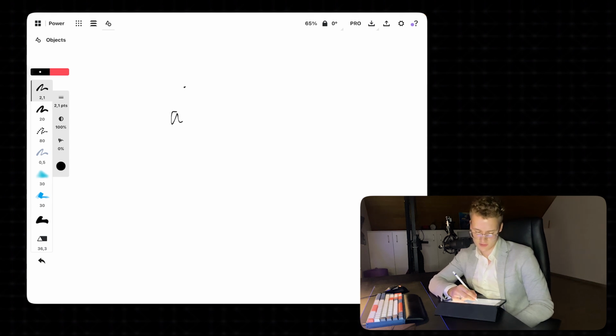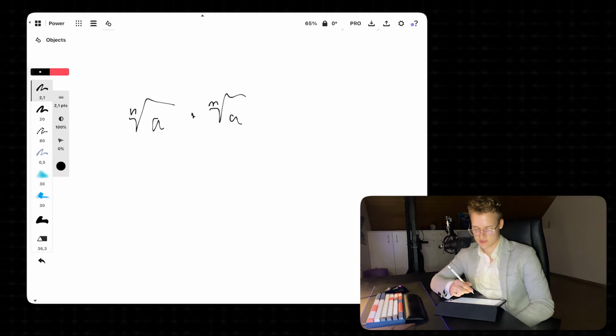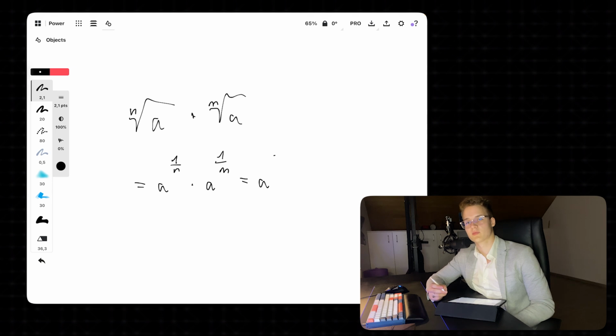So we have the nth root of a times the mth root of a. Well, we have the rules now. We just transform them into fractions. So a to the power of 1 divided by n times a to the power of 1 divided by m, which we then use the product rule on.